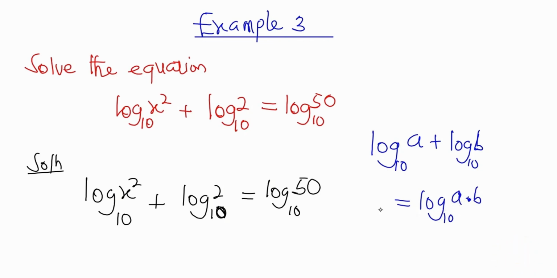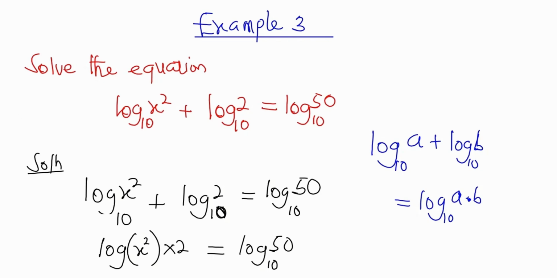The dot indicates that the arguments a and b are multiplying. So having known this, we are going to apply the same analogy here. This is just the application of the laws and properties of logarithms. So here we are going to have the logarithm of x squared multiplied by 2, which is equal to the logarithm of 50 base 10.